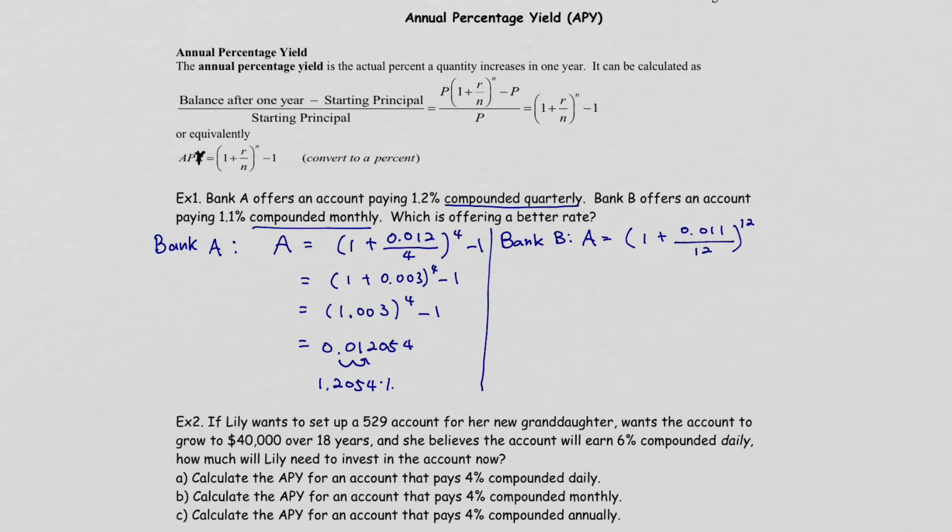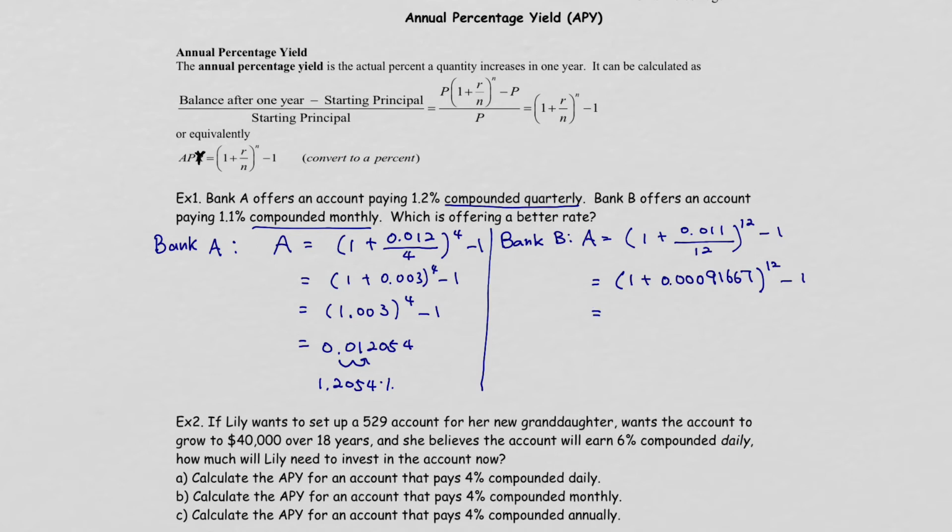Then you will get 1 plus 0.011 over 12, you get 0.000916667, to the 12 exponent. And don't forget to subtract 1, right?